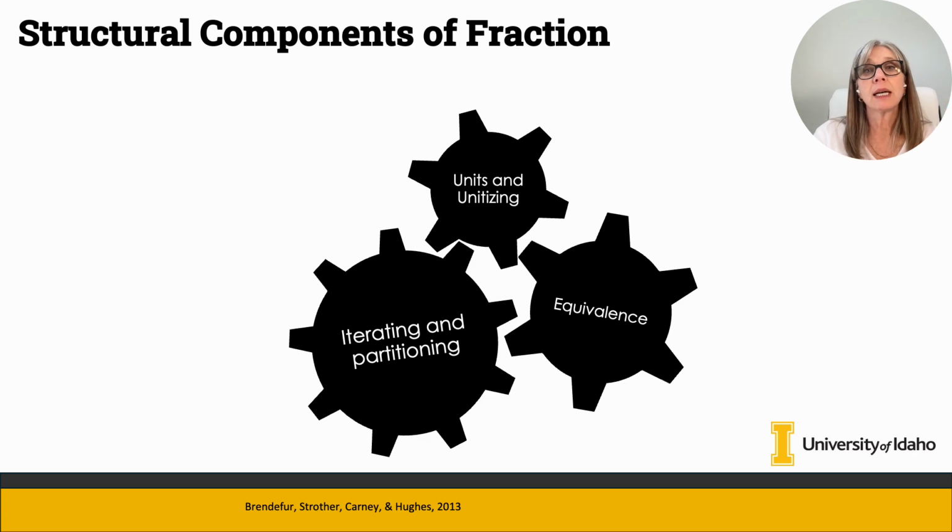So now we've just discussed iterating and partitioning and the idea of a unit fraction. A unit fraction is the one piece, the 1/4 piece. Put 3 of those units together and we have 3/4, but the unit is the 1/4. That idea of unit fraction is really important. So next we're going to look at units and unitizing.